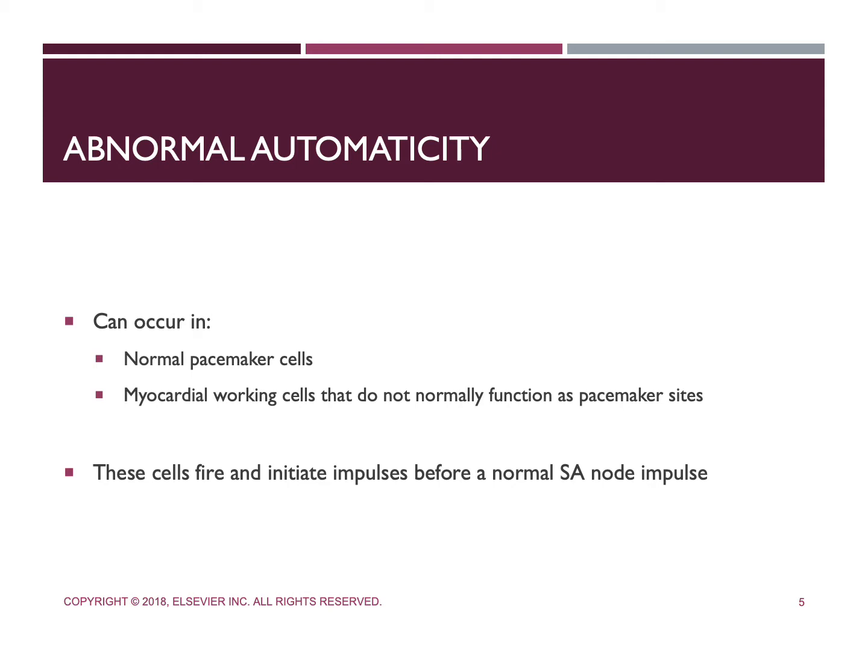That rapid firing rate may also occur periodically, and in these cases, it is said to be episodic. Atrial dysrhythmias associated with abnormal automaticity include things like PACs, multifocal AT, and atrial fibrillation, or what we call AFib.